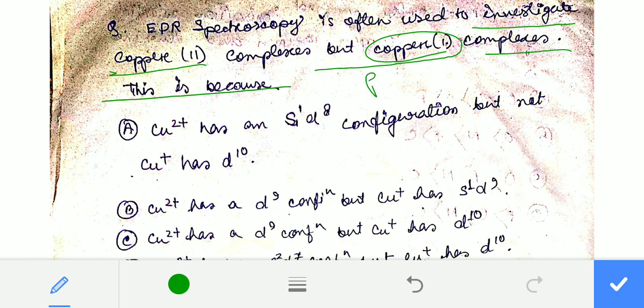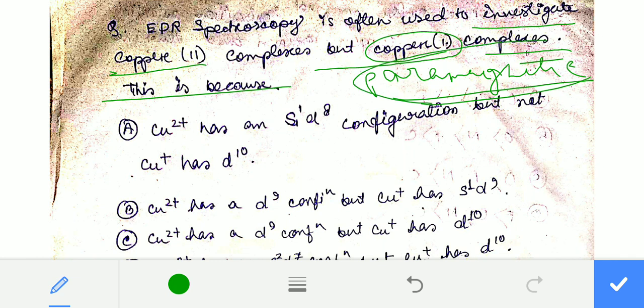The most important term here is paramagnetic, that is, at least one unpaired electron must be there in the complexes so that the compound can be investigated under this spectroscopy.